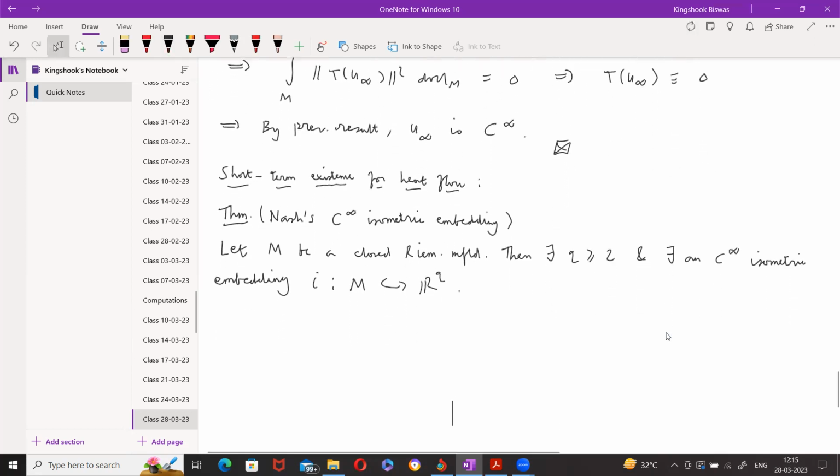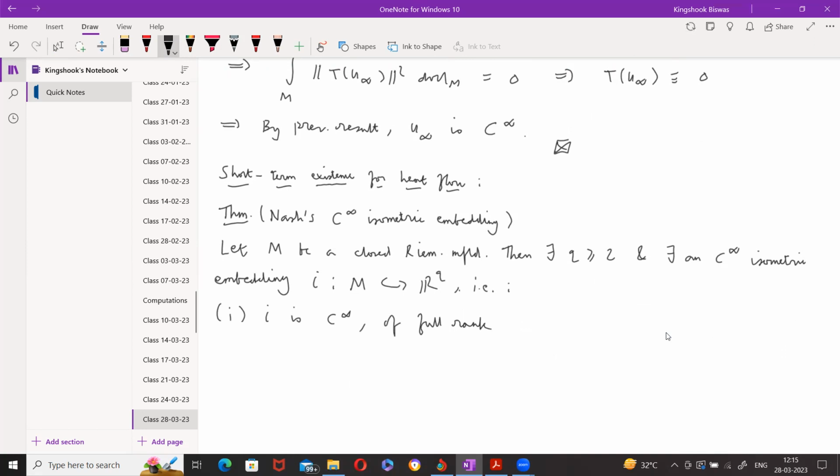This means that I, so embedding means that I is smooth, of full rank. So its derivative is injective everywhere.